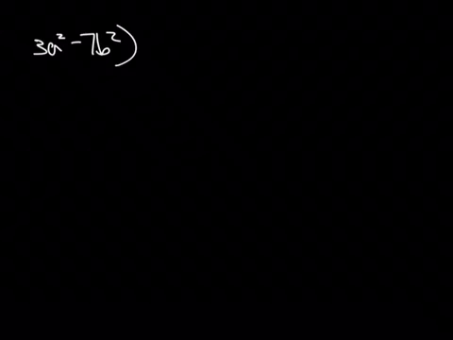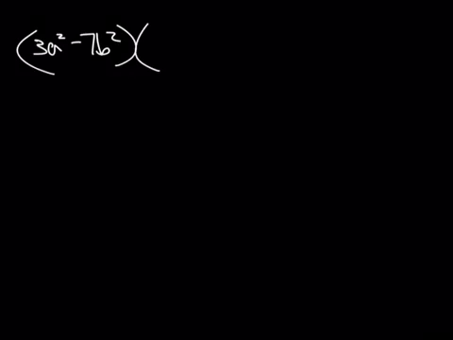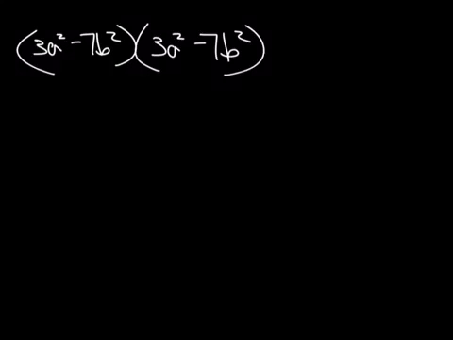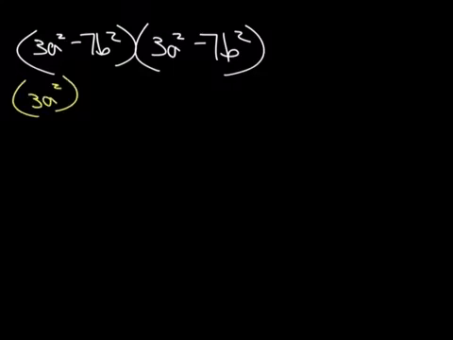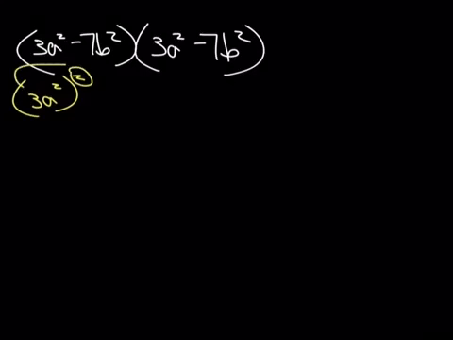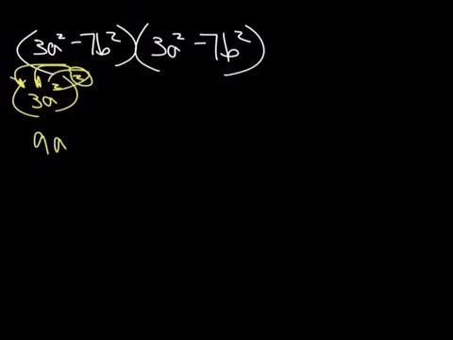3a squared minus 7b squared times 3a squared minus 7b squared. Alright, so the rule is the same. Square the first term. So 3a squared, looks like that. This 2, remember, is on the 3 and on the a squared. So it's 9, 3 times 3. A squared, this means multiply.